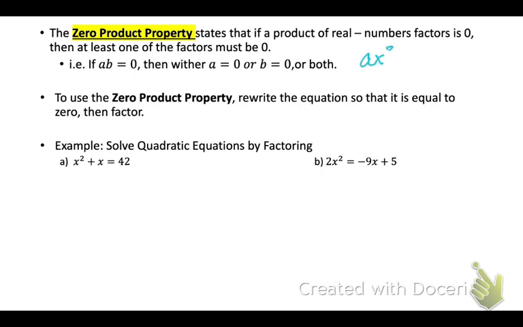A x squared plus B x plus C. To use the zero product property, rewrite the equation so that it is equal to 0 and factor. It's what we've just done, guys.